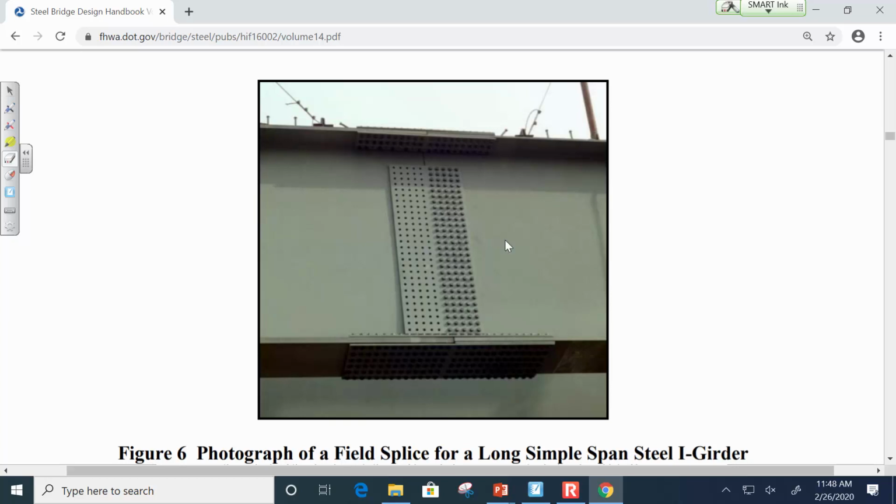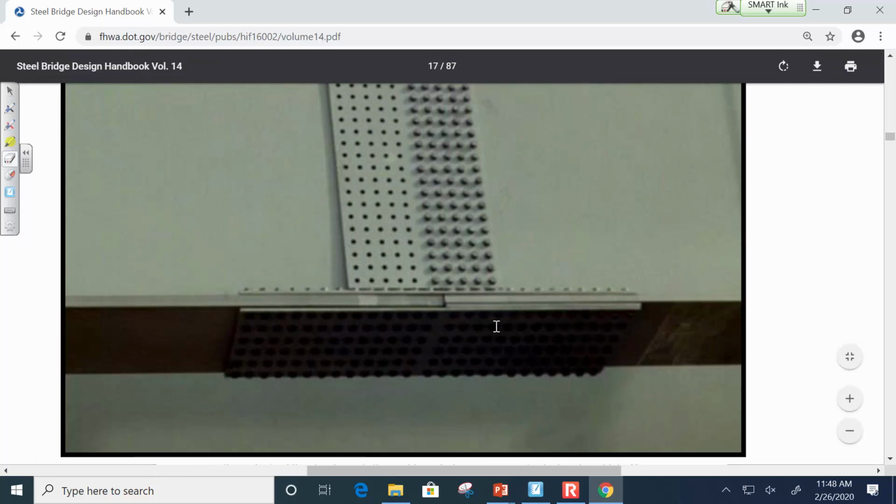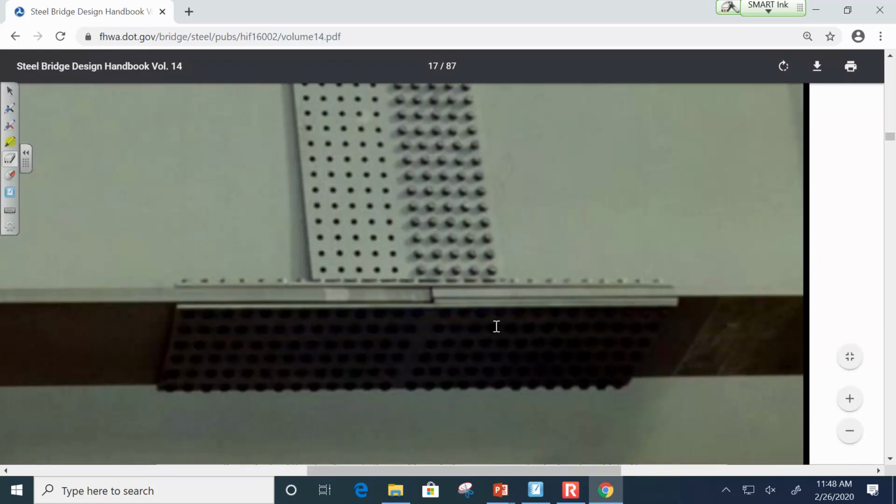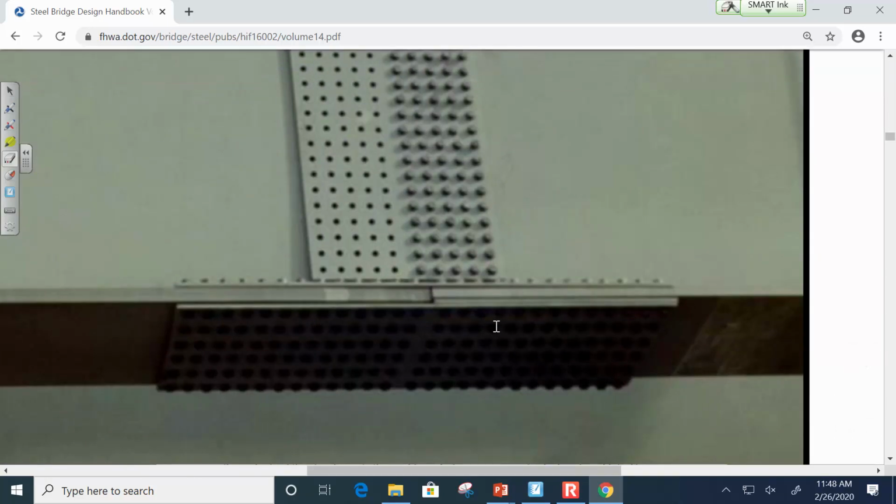If you zoom in, you can see right here where the flanges are connected, and see how you've got this thick flange here, but over here it's a little bit thinner. Everybody see that? Let's say this is 1 inch, and this is 3/4.